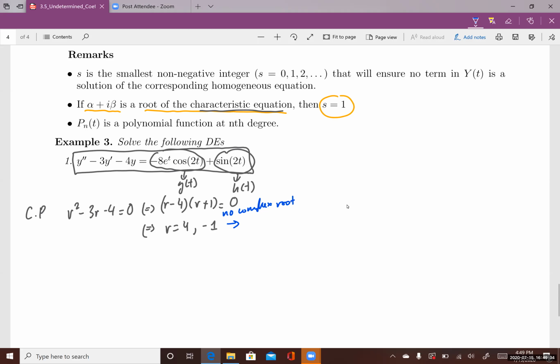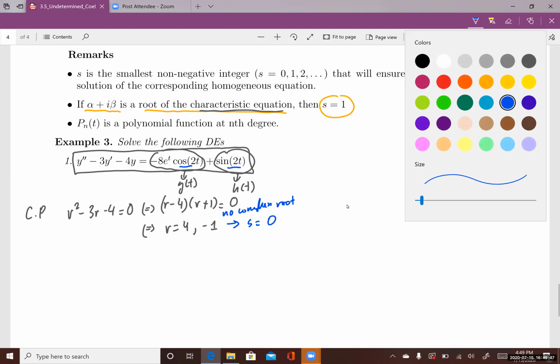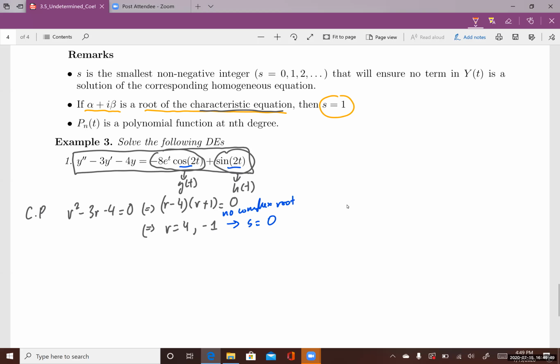And we look at sine and cosine. That means s equals 0, not 1, 0. Okay, so s equals 0. That's a good sign. Then the next thing is you want to consider g of t first, which is negative e to the t cosine of 2t.